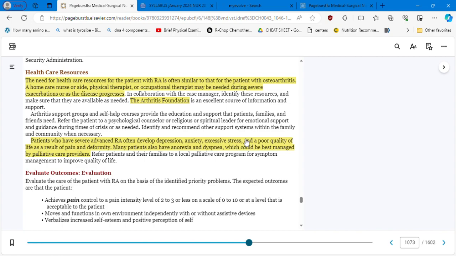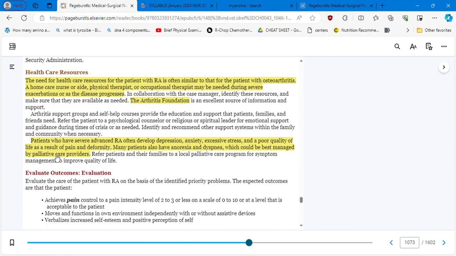So I would say the mental component is as difficult as the physical, as the disease component, specifically in this disease. It's not just the swelling of the joints, the drugs, the pharmacological interactions or the side effects. No, it's the mental as well. I would say it's 50-50. So we need to work on that.